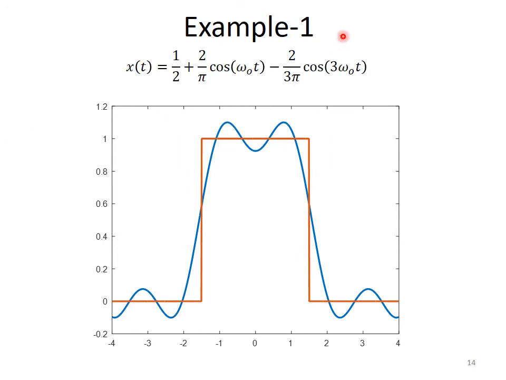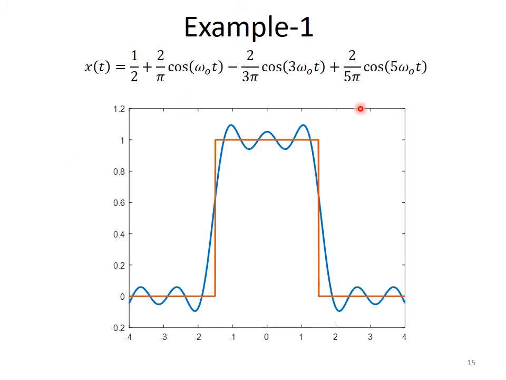Now we have added the third harmonic component as well, and you can see that it is getting a bit more accurate. Similarly, we will add more components. Here we have added the fifth harmonic component, and the result looks somewhat more accurate than the last approximation.